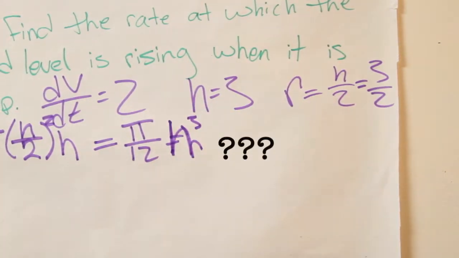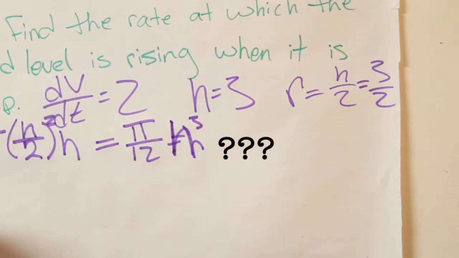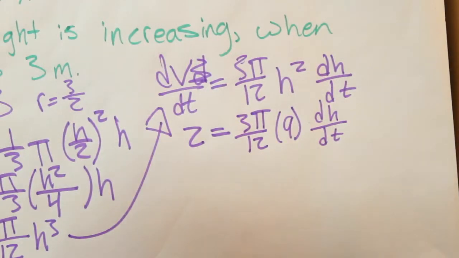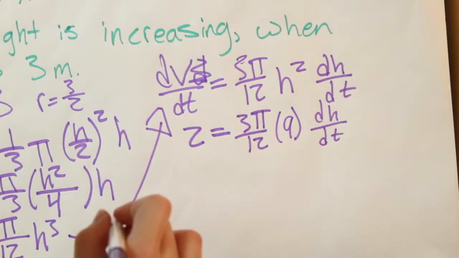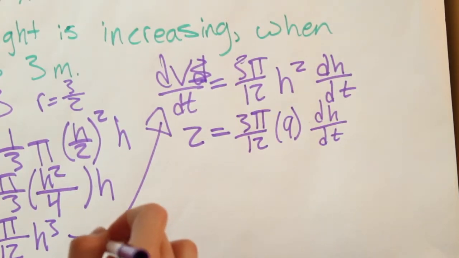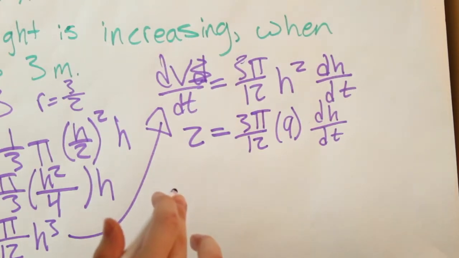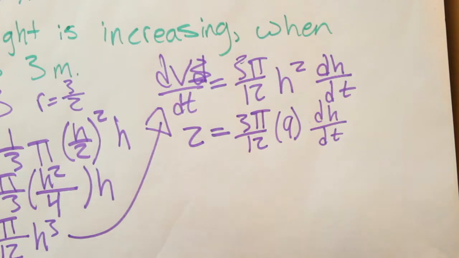There we go. Alright, now we're going to take the derivative. Okay, so now we're going to simplify it some more. Wait a second. Why is that 3 there? Oh, okay.